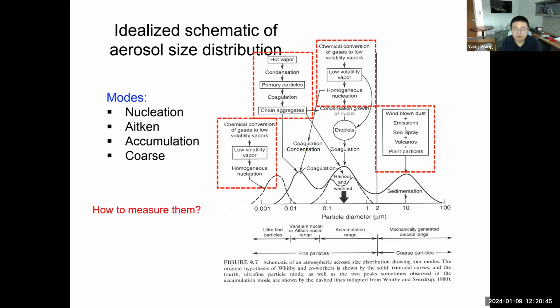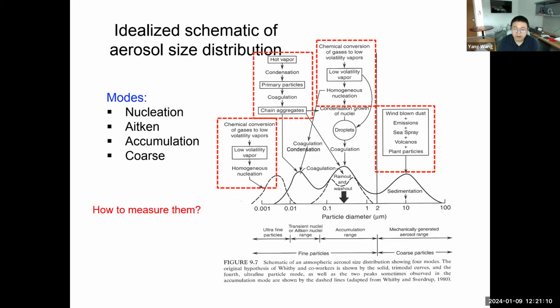If you directly measure the aerosol size distribution for ambient aerosols, you will see that these aerosols exist in different size modes. For example, there's the nucleation mode, which typically means particles below 10 nanometers. These particles are formed from gas to solid conversion, right?